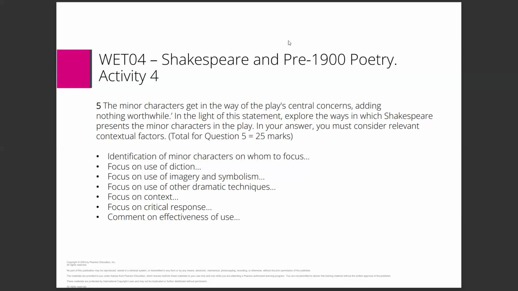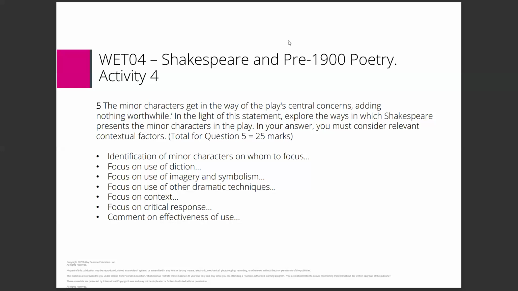And if we're thinking of minor characters and we're thinking of diction, imagery and symbolism, dramatic techniques, context, critical response, effectiveness of use, these steers, these bullets, essentially begin to form the start of a skeleton plan. They begin to help the candidate shape their response.